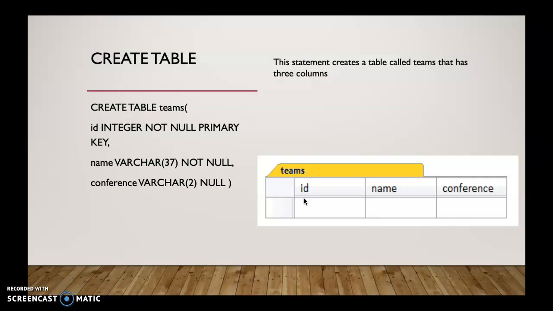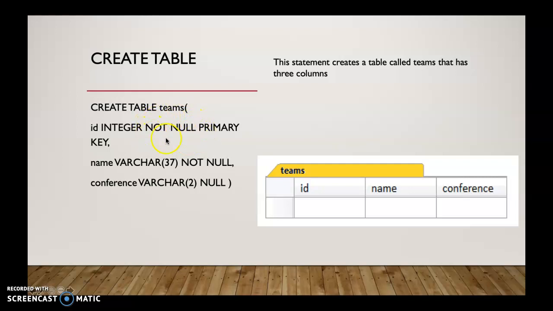So to create a table, we use create table, and for this specific table we use the name teams, and we create the different columns, and they're separated by a comma. So we start with a new ID, and the way we're going to input the data, in this case, is an integer, not null.